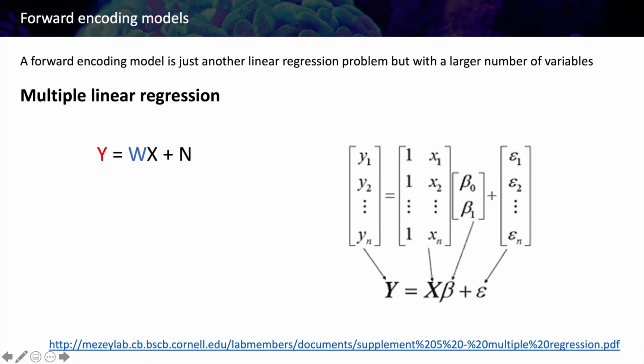What is the difference between the multiple linear regression and the simple linear regression? Very simply, the difference is that in simple linear regression, we only have one regressor and a noise parameter or intercept, and then in multiple linear regression we can have an indefinite number of regressors.